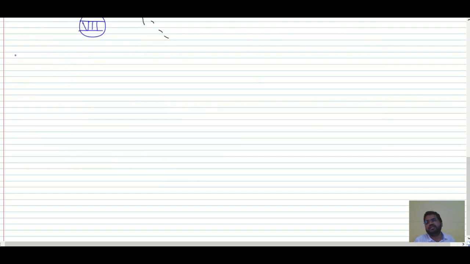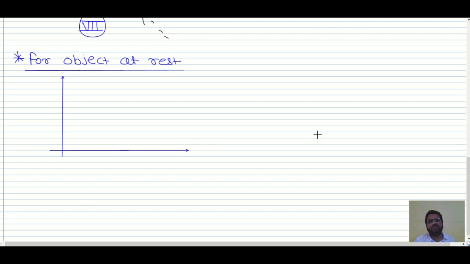Now for object at rest, I'll draw three graphs. Number one, displacement time or position time, we can say.